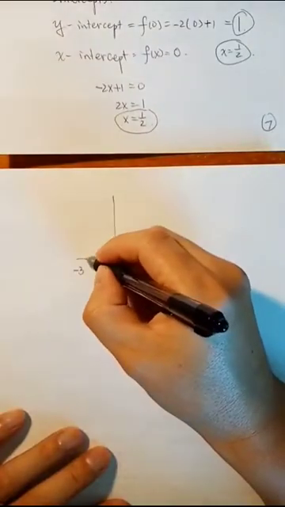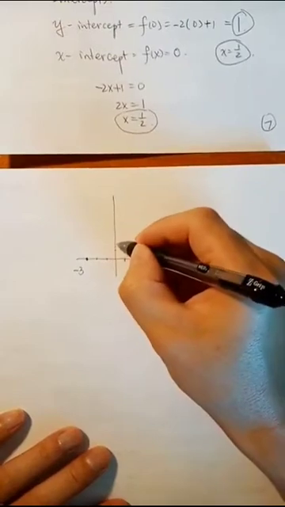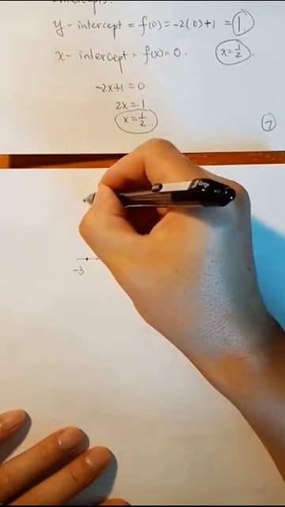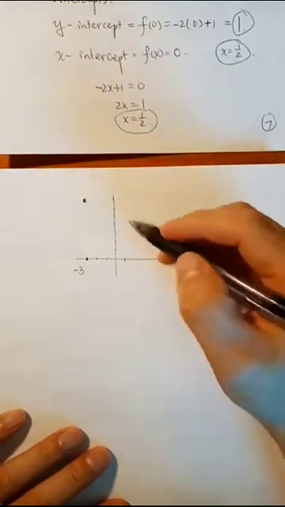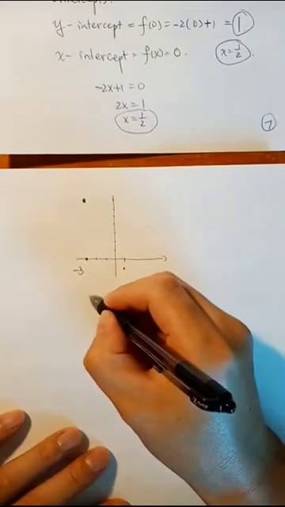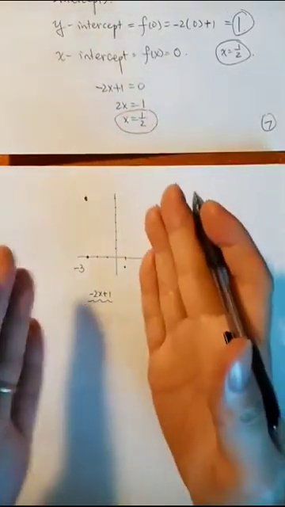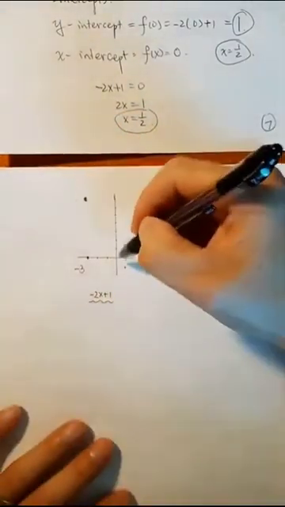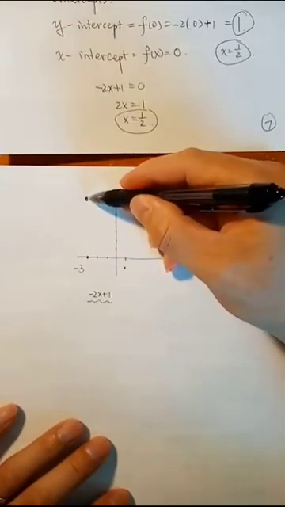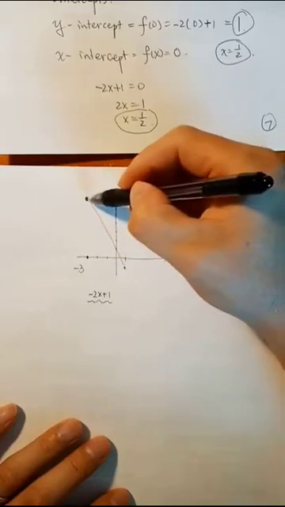When x is negative 3, based on the definition, you get y equal to 7: 1, 2, 3, 4, 5, 6, 7. And when x is 1, y is negative 1. Remember this part has the definition negative 2x plus 1 over this domain. When x is 0, y is 1. My label is not exact, so it's like this.